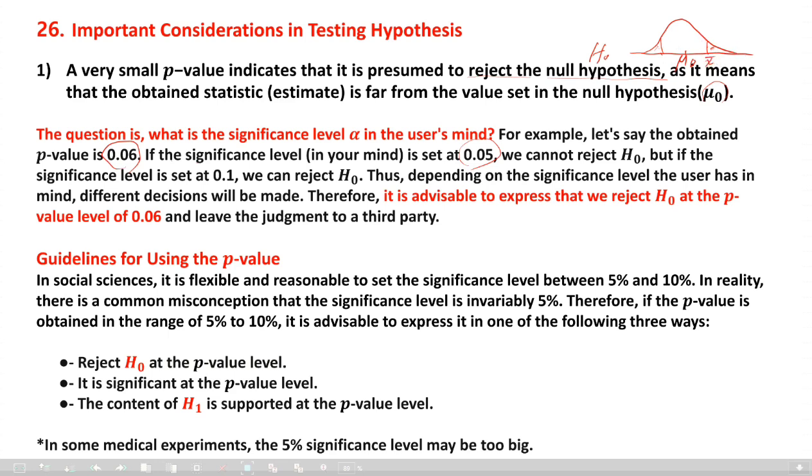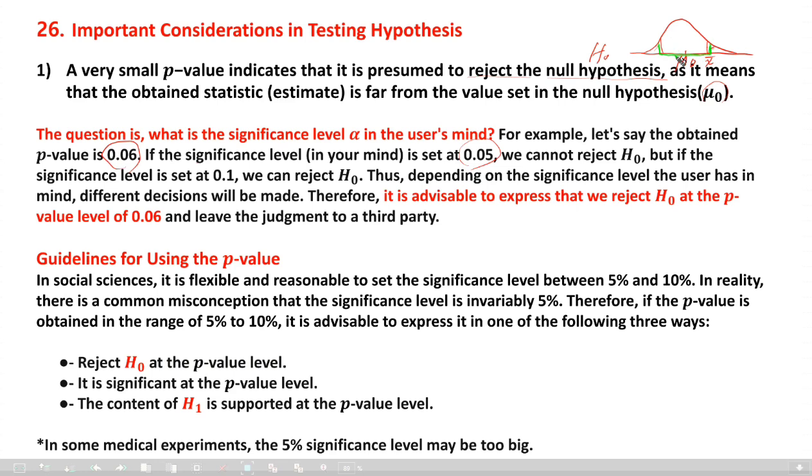If your significance level 0.05 means here, right? So your obtained sample mean x bar lies in the region of acceptance of H0 here. Acceptance area is here.